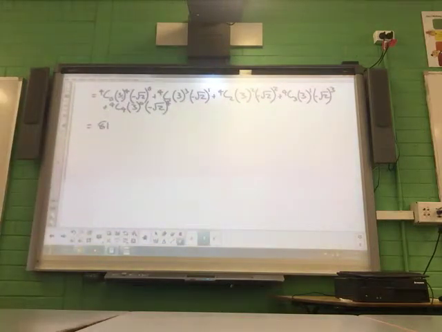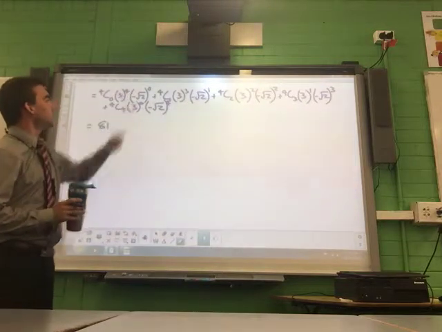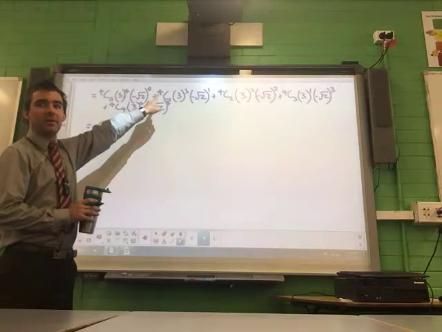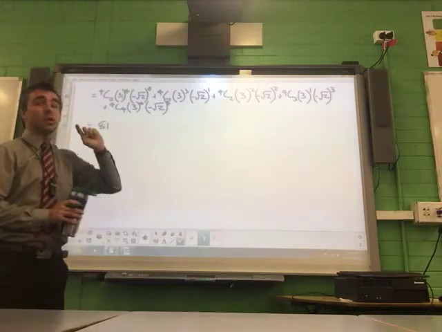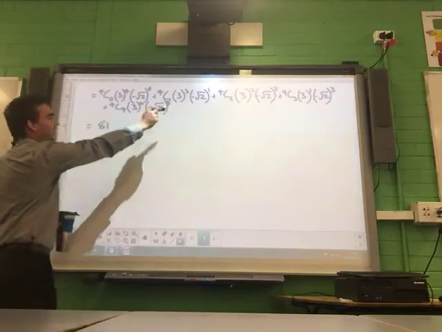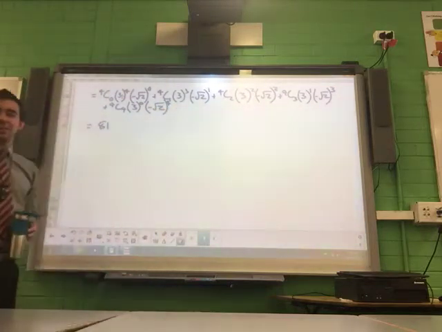Negative root 2 to the power of 0 is 1. 4C1 is 4, 3 to the power of 3, 27, and then you have the negative root 2.